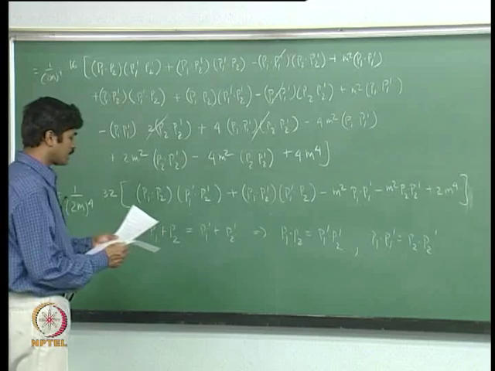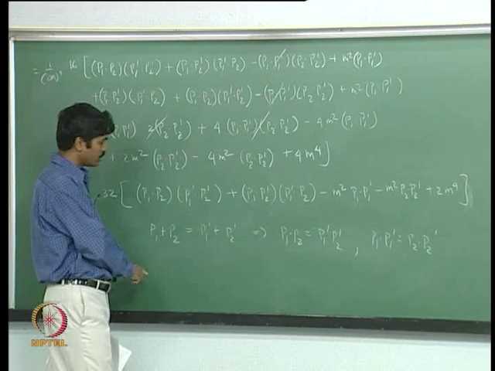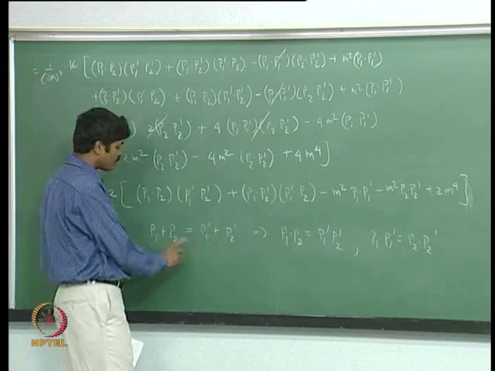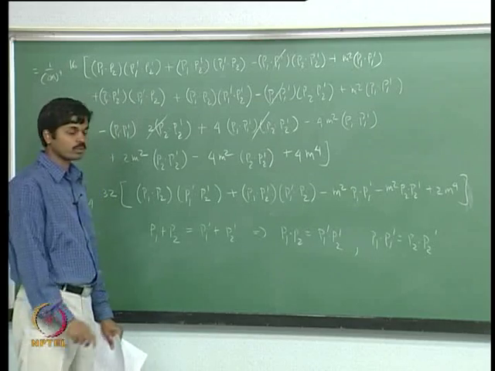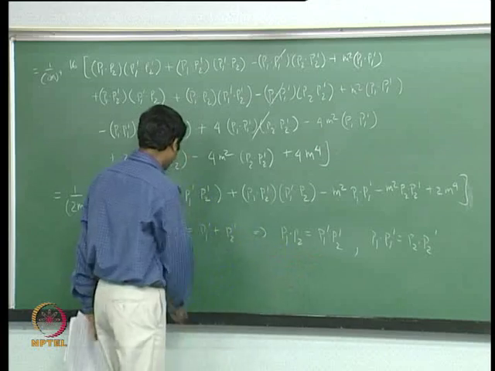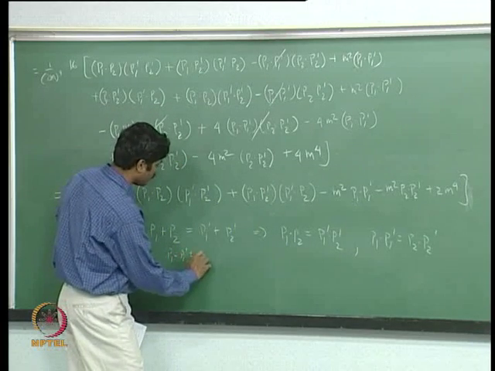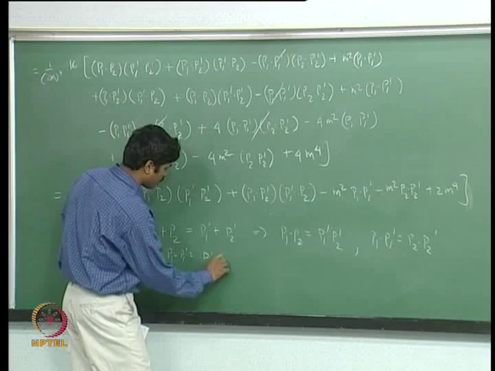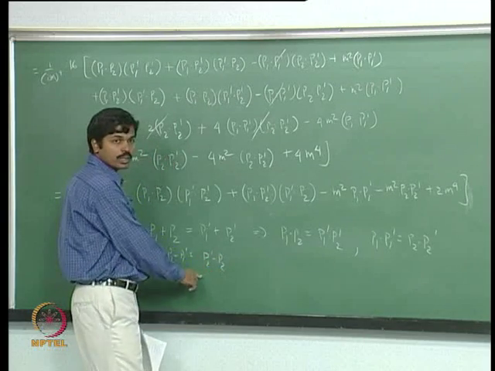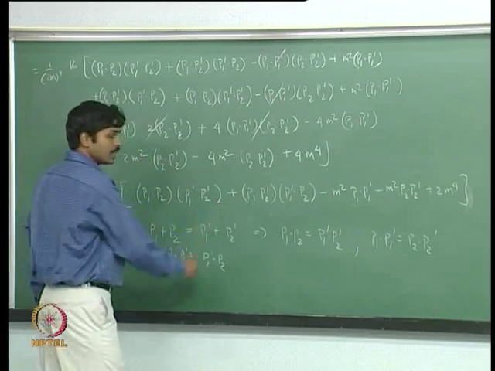So I will use these two relations here. You just square it, and then you remember that P1 square and P2 square both are equal to m square, that will give you this relation. If you write this identity as P1 minus P1 prime equal to P2 prime minus P2, and then square it, you will get this identity. Now I will substitute it here.